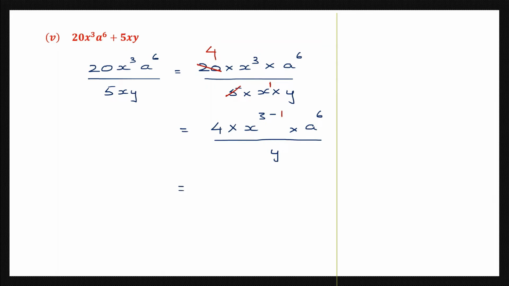So let's do this. 4 into x to the power of 3 minus 1 is 2, into a to the power of 6 by y. Finally my answer is 4x square a to the power of 6 by y. So this is my final answer.